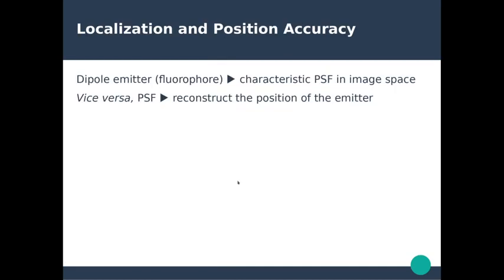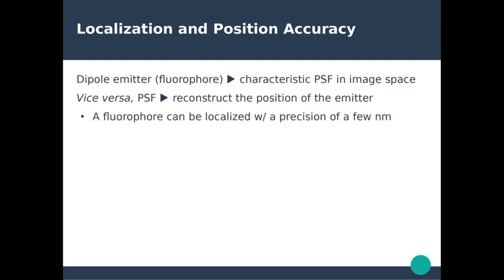So let's go back to this concept of localization and position accuracy. If you have a dipole emitter, like a fluorescent molecule, you can obtain a characteristic point spread function in the image space, and vice versa. If you know the point spread function, you can actually go back and reconstruct the emitter and determine its position.